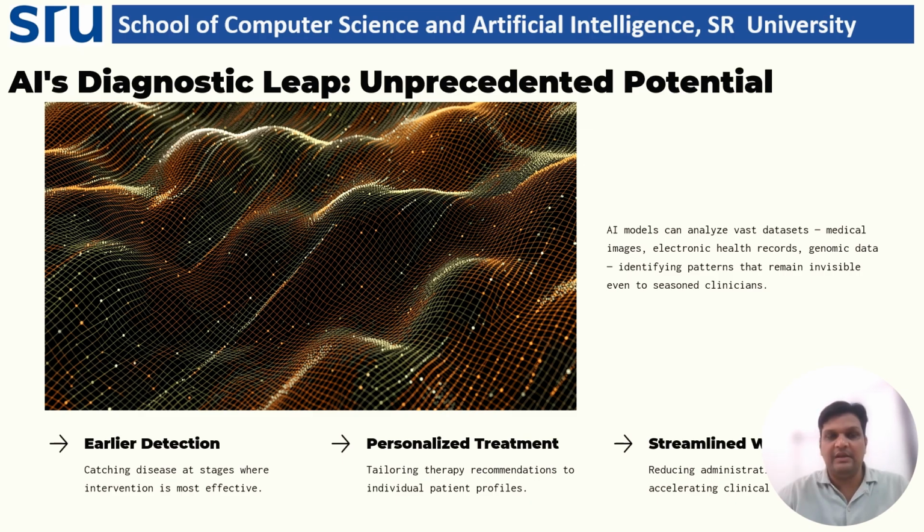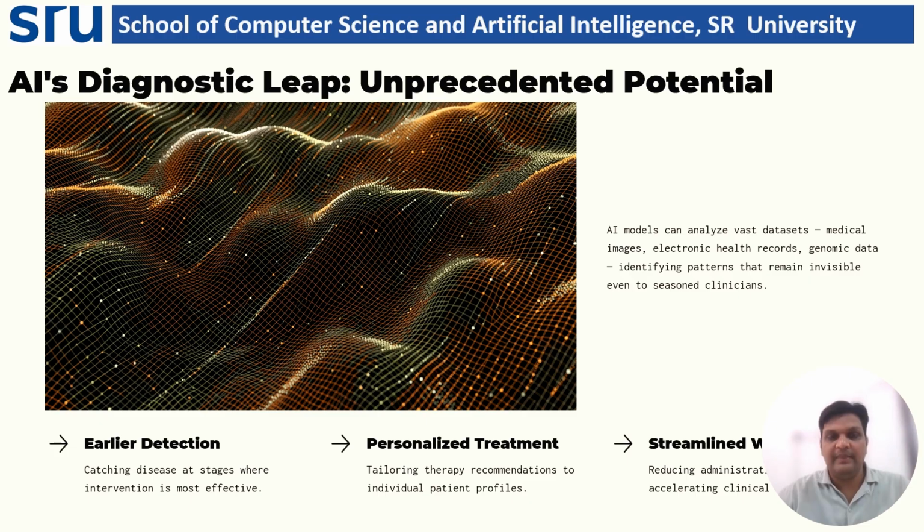AI's diagnostic leap, unprecedented potential. AI models can analyze vast datasets, medical images, electronic health records, genomic data, identifying patterns that remain invisible even to seasoned clinicians. Earlier detection: catching diseases at a stage where intervention is most effective.